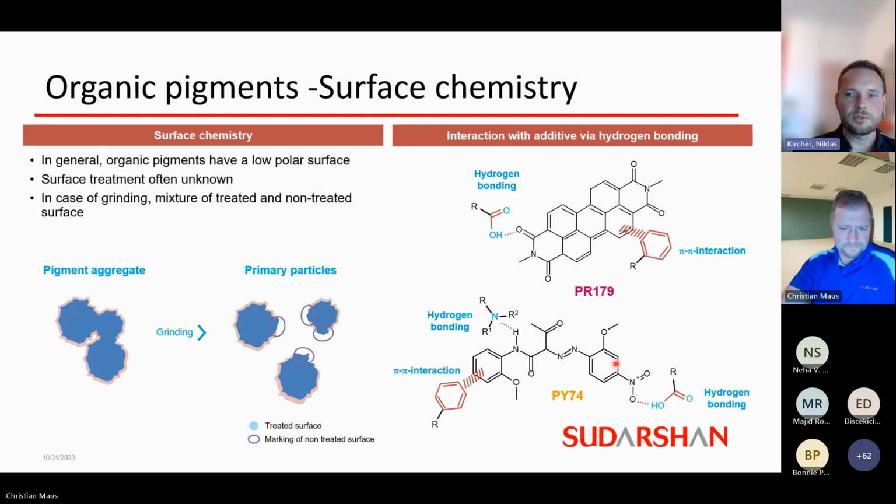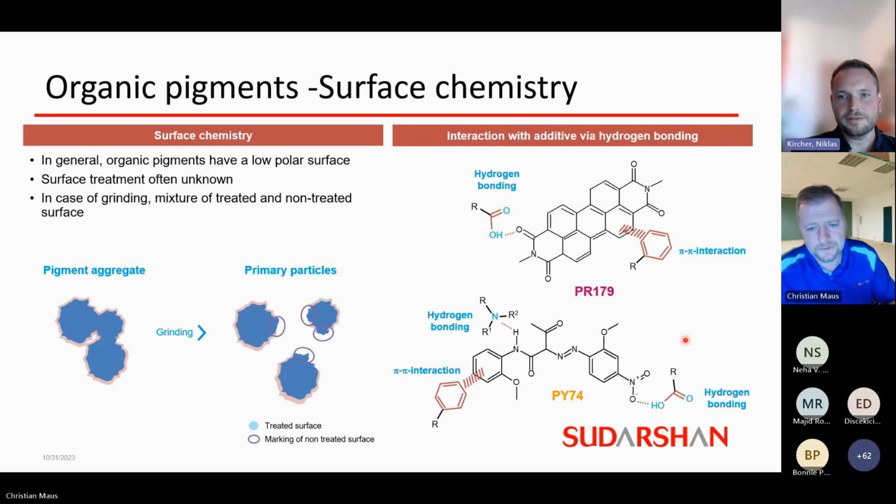And these aminic groups can, of course, interact with acidic groups on the pigment surface and the other way around. And you can say the sum of all these interactions is how the absorption on the surface is done. And the stronger this absorption, the better the stabilization effect is.